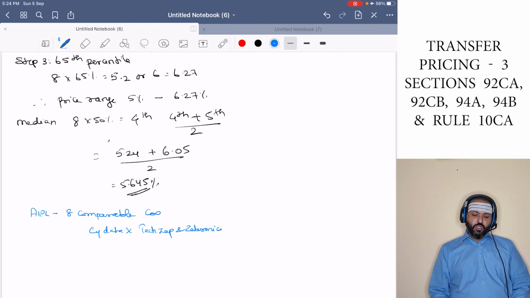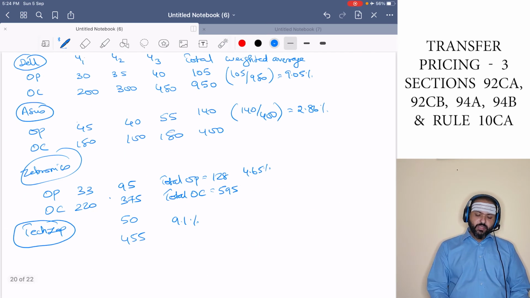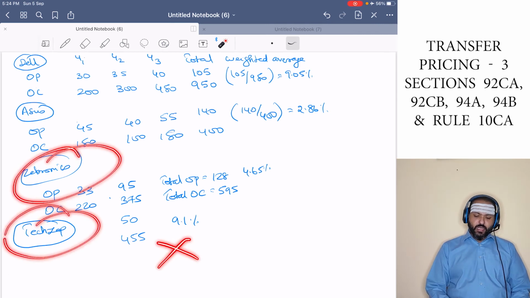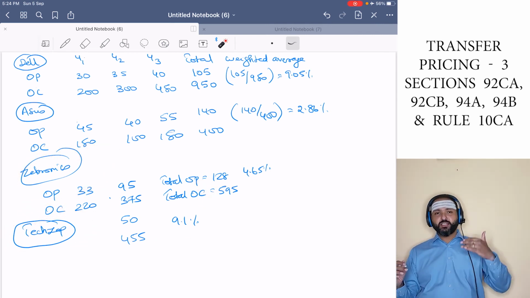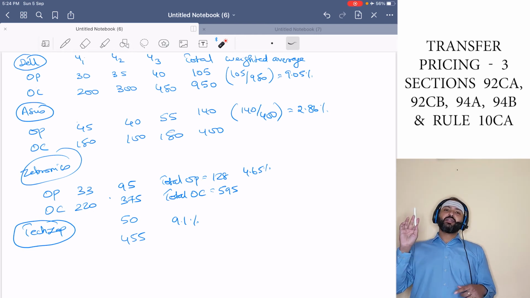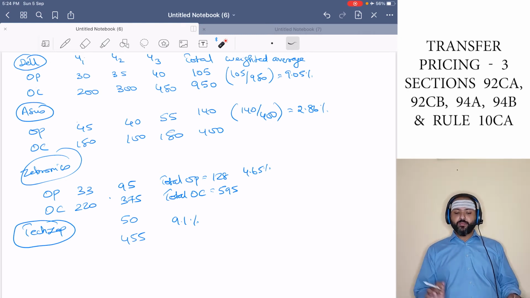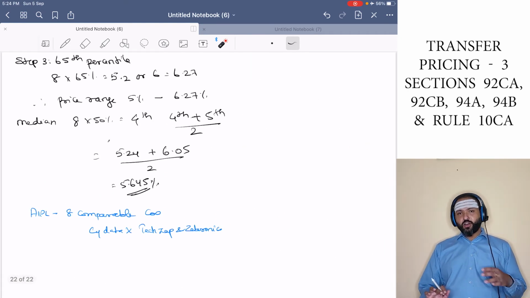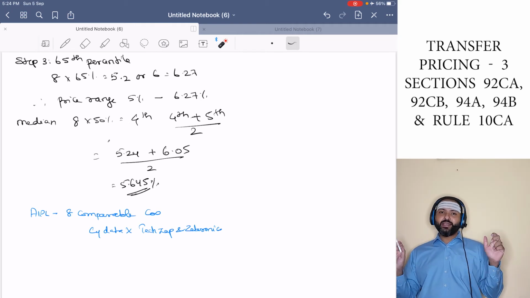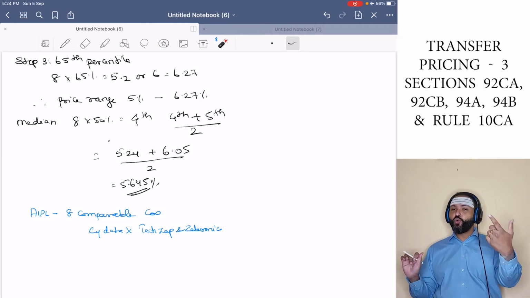He finds that there are two companies, Zebronics and TechZap, where current year data is missing. So he goes into the database once again, but by this time the current year data is available. When the transfer pricing officer or the assessing officer is doing the assessment, the data is now available at their disposal. It was not available when you did it.